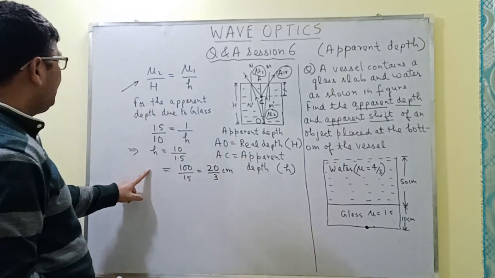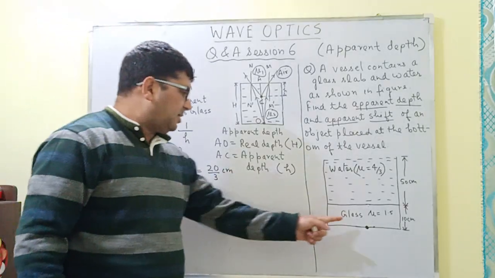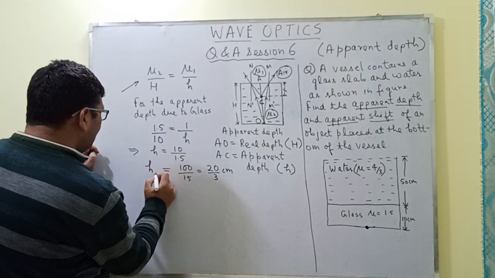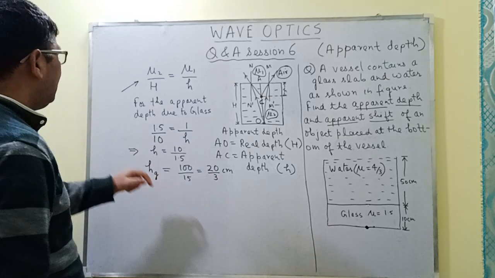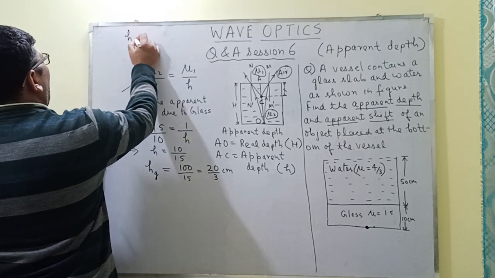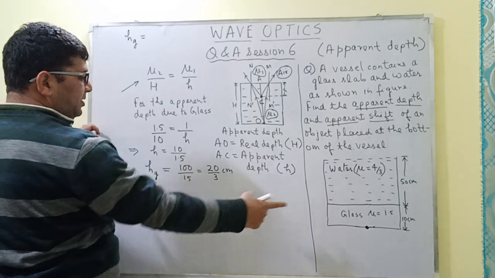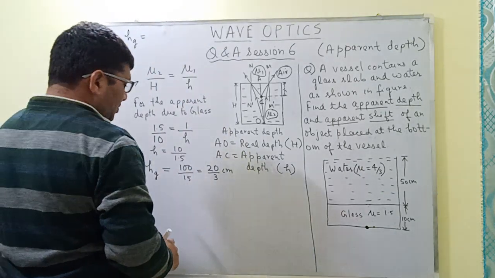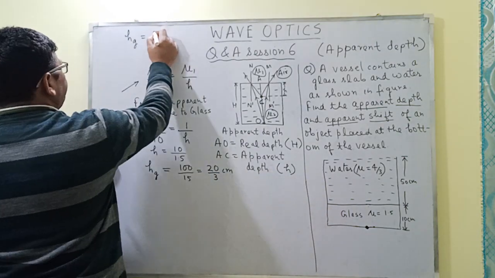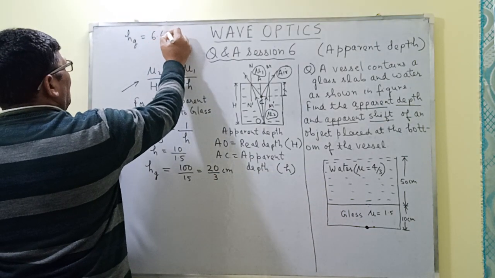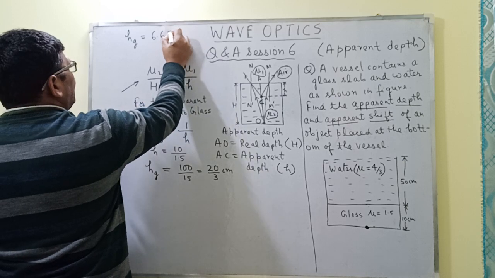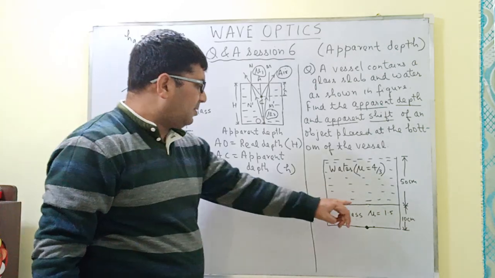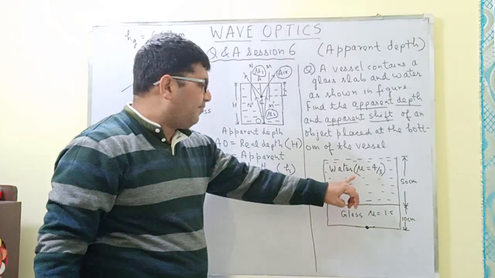So this is the apparent depth due to this glass medium, and I will just write this as the apparent depth due to the glass. So I am just writing it as Hg. So here Hg, that is the apparent depth of this object due to this glass medium, is equal to 20 by 3 centimeter. So this will be equal to 6.67 centimeter.